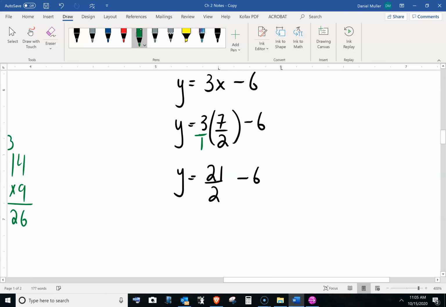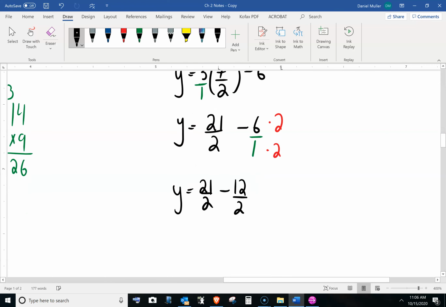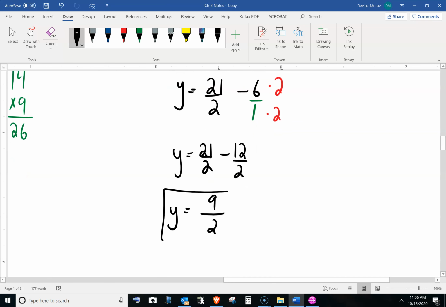And now to add fractions, you need a common denominator. So again, that's over 1, so we'll times this by 2, and we'll times this by 2. So y is equal to 21 over 2 minus 12 over 2. And now they have the same denominator, so we can combine them together. 21 minus 12 is 9. So y equals 9 over 2, or that is 4.5.